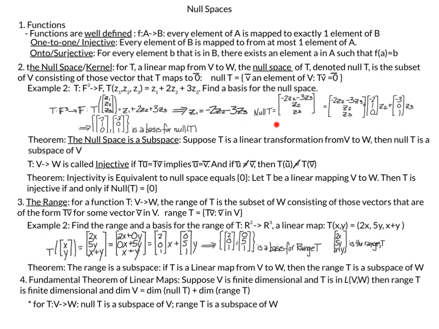So our null space, the vectors that get mapped to 0, are the ones where the first coordinate, Z1, is equal to minus 2Z2 minus 3Z3, and then Z2 is any arbitrary number, and Z3 is any arbitrary number. We can then do the work to separate out our Z2 and Z3 components to get a basis of negative 2, 1, 0 and negative 3, 0, 1.